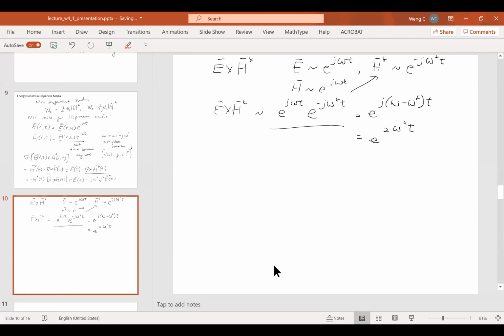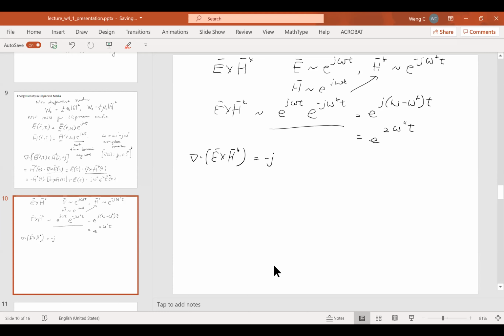So if I plug this back in, I will have divergence of E cross H conjugate equal to something that looks like what I had before.